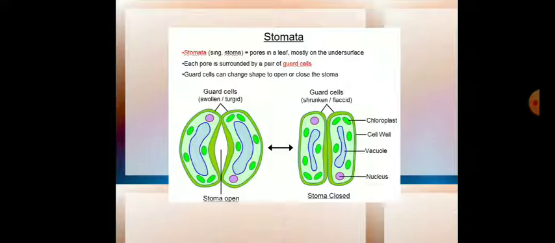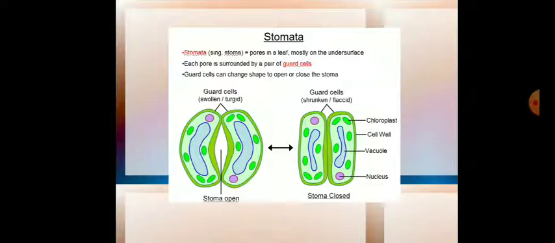When they absorb water, they become turgid, and water and carbon dioxide can easily pass through, because transpiration also takes place through stomata, causing excess loss of water.